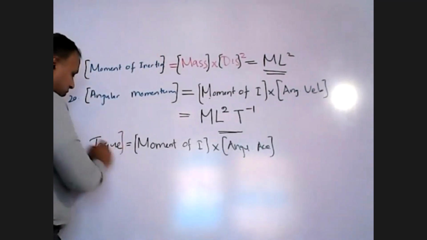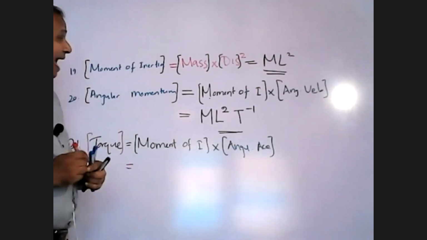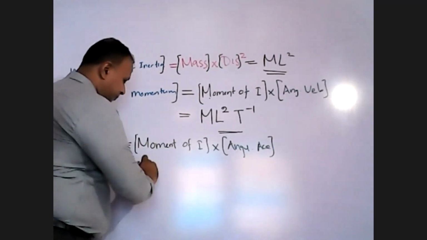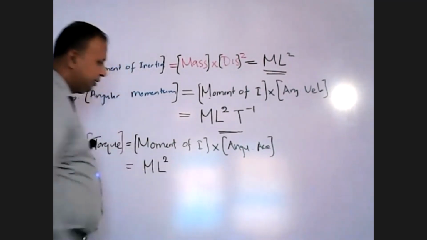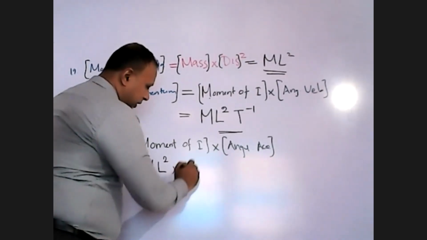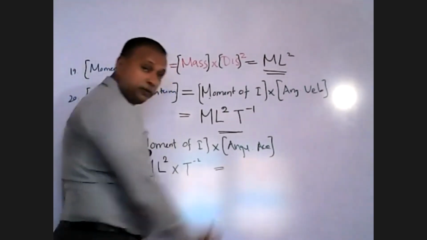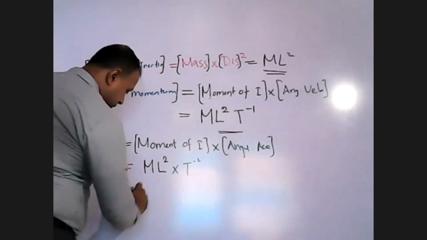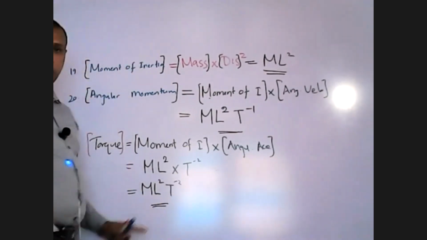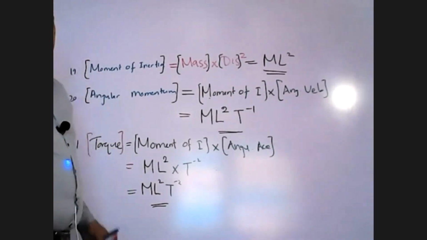So the dimension of torque is equal to moment of inertia into angular acceleration. Moment of inertia means ML squared, angular acceleration means T minus 2. So the dimension of torque is equal to ML squared T minus 2. Okay, very good.